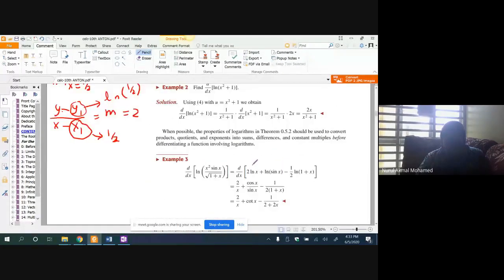Okay, next. It's quite complicated now. Example 3. ln of x squared sine x divided by the square root of 1 plus x. How are you going to solve this?